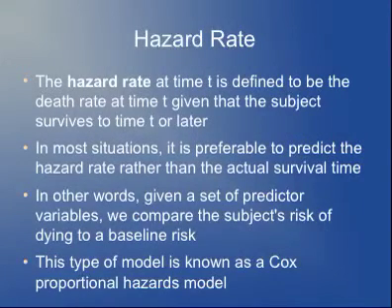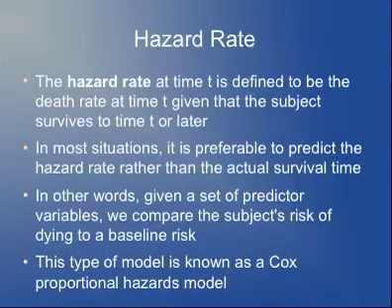And the way this is normally done, in fact practically the only way this is ever done in the literature, is to use something that's called a Cox proportional hazards model, which tries to estimate something called the hazard rate, which is defined to be the death rate at a given time t, given that the subject survives to time t or later.